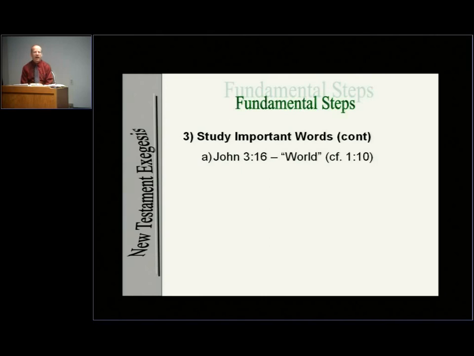He's not talking about all of humanity as much as he is those people that don't know their Creator. Now, there were some that did, but there were a lot that didn't. So you think, well, that's pretty interesting. So John is using the word cosmos to refer to those who have rejected God, that do not know God.